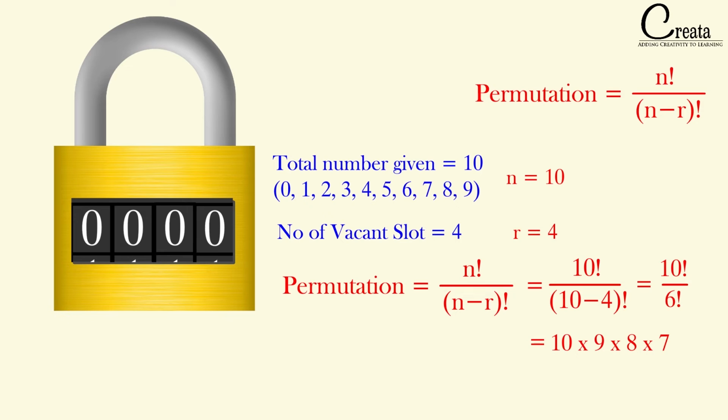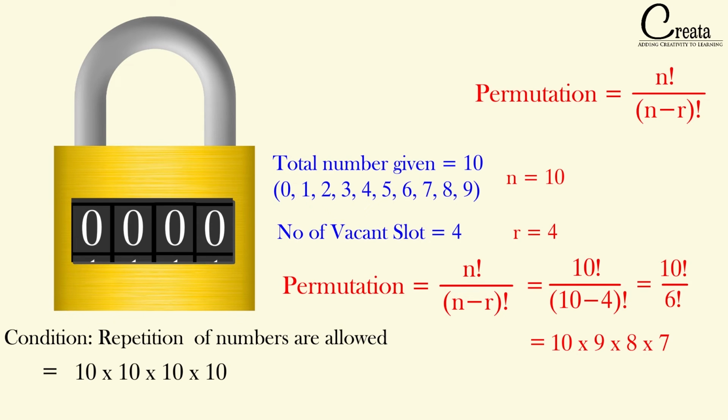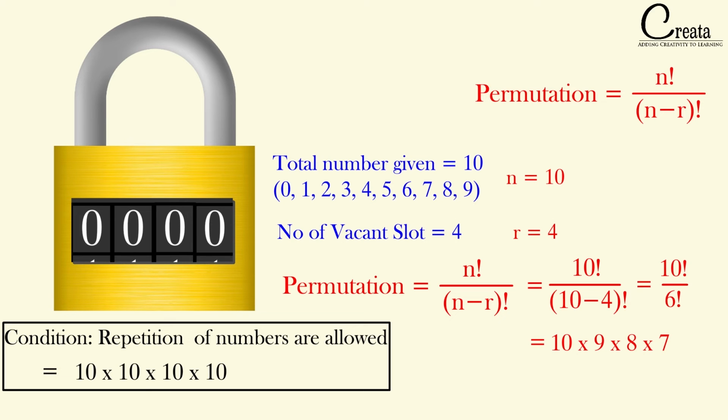This is the number of sequences that we can form from this number lock if the repetition of the numbers is not allowed. Got it? What will be the answer if the repetition of numbers is allowed? It will be 10 into 10 into 10 into 10, that is 10,000.